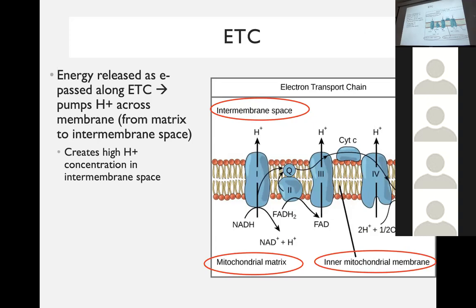So the energy that's released by these electrons getting passed along this electron transport chain allows for the hydrogen ions. There's H+ ions, a lot of them in the mitochondrial matrix. They're getting pumped to that space in between the two membranes. This is basically the ion that we want to move across the membrane, the hydrogen ions.